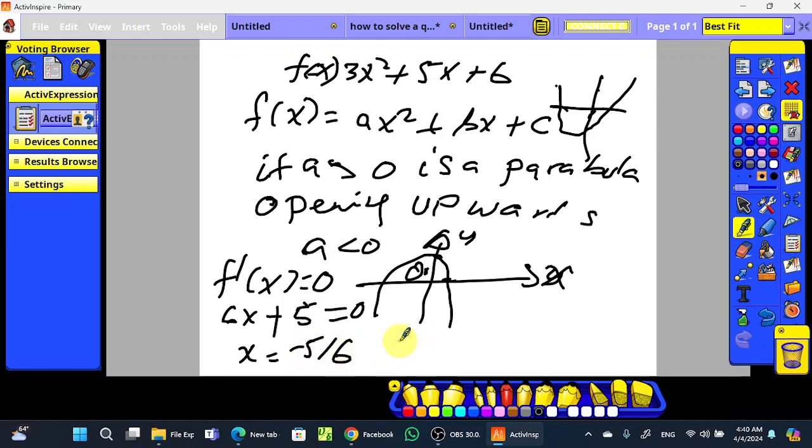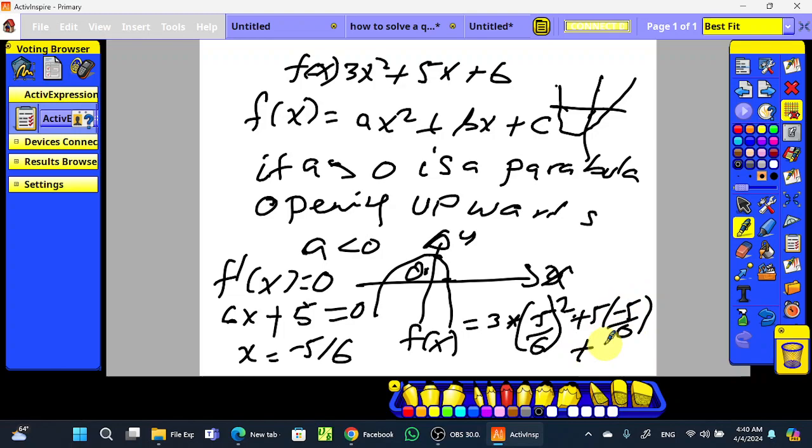To find the value of y at that point, just substitute: y is equal to 3 times minus 5 over 6 the whole squared, plus 5 times minus 5 over 6, plus 6. This is the value of y, the y value that comes with this x of minus 5 over 6.